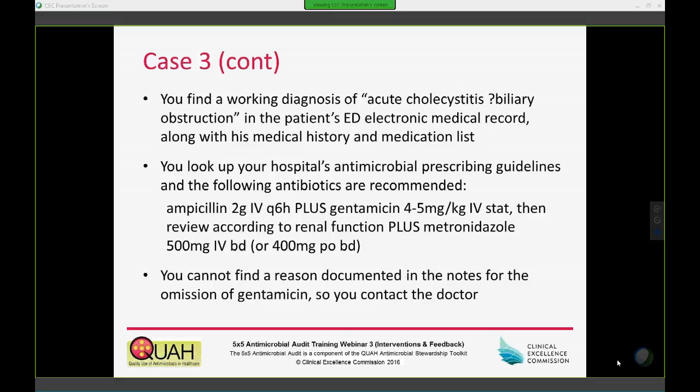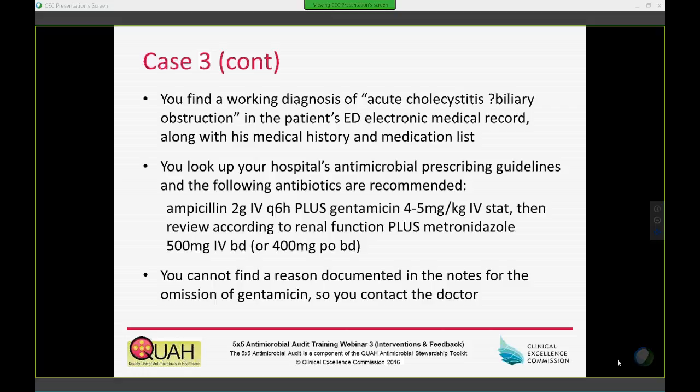For acute cholecystitis, our guidelines recommend IV ampicillin and gentamicin initially, with metronidazole if you think there's biliary obstruction or an anaerobic infection. Is there any particular reason why Mr. Crispin isn't on gentamicin? Yeah, I did think about it. He's pretty frail. Due to his age, I was really reluctant to give him any gentamicin. Once I've had a chance to look at his blood, which should come back pretty soon, I'll know what his renal function is like and I'll decide then.